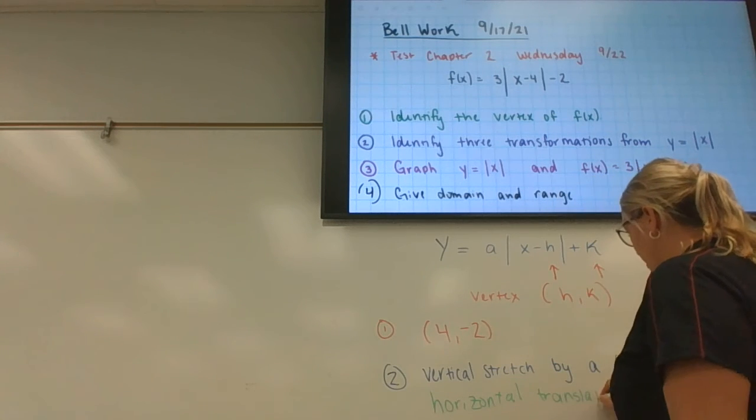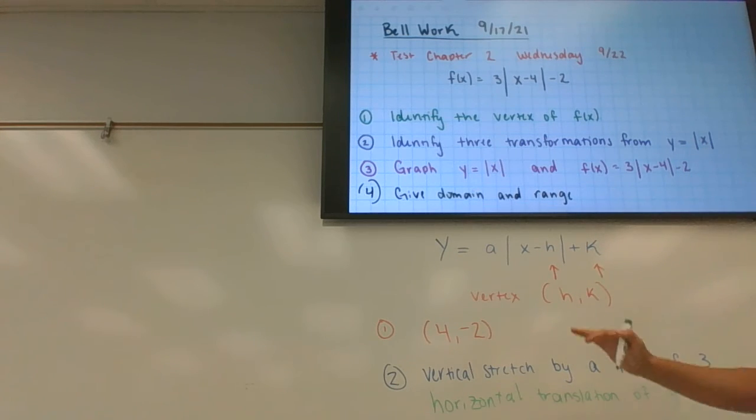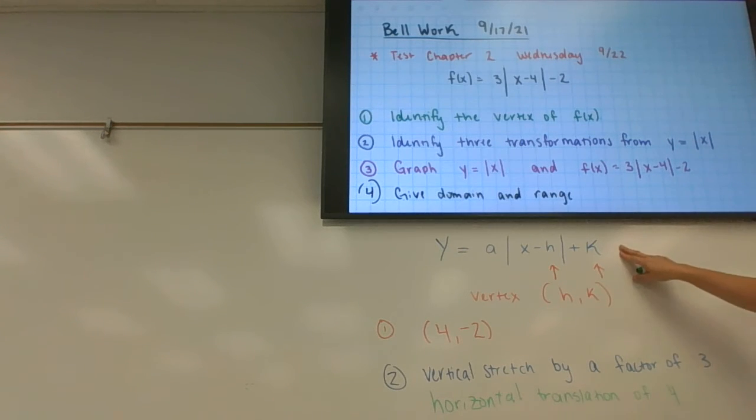So on your 100-point test Wednesday, I promise you these 4 things are going to be on it. So if you want to take a picture of it, you can, or just highlight this, because these 4 things will be on it in some representation. Okay, so what does the -2 at the end, how does that affect the graph, Aubrey?